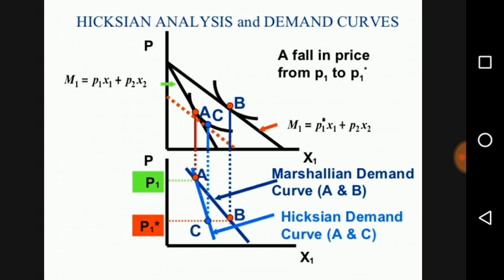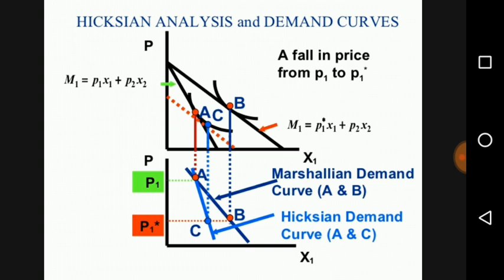Now, after looking at this Hicksian analysis of income and substitution effect, let's see how we derive a Hicksian demand curve. This is a very short intro to the Hicksian demand curve. Now, we usually draw the Marshallian demand curve.